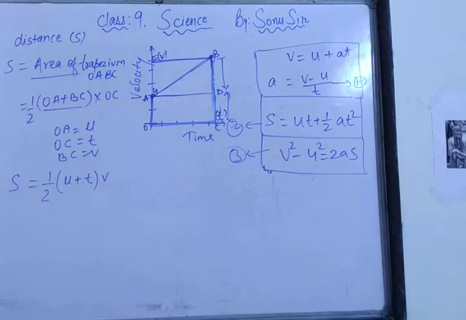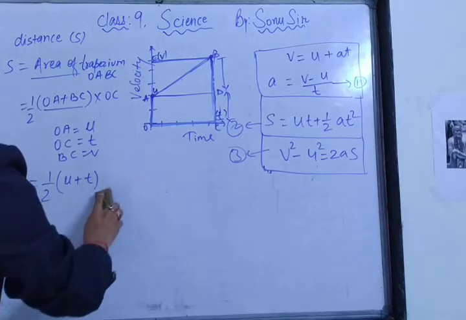Now, from the first equation, have you seen the first equation? What was the first equation? V minus U is equal to AT, right? So what will be the value of T there? Sorry, here we have done it wrong.